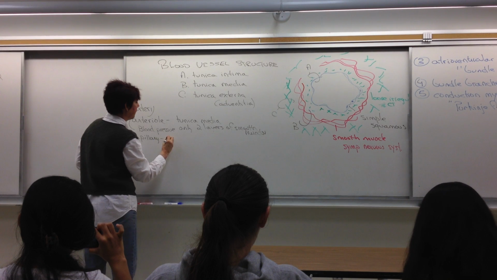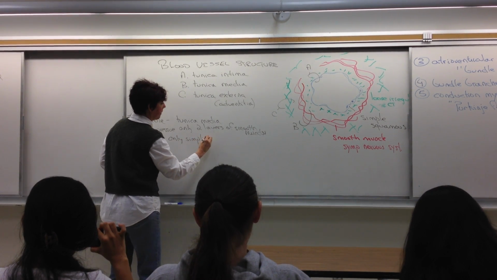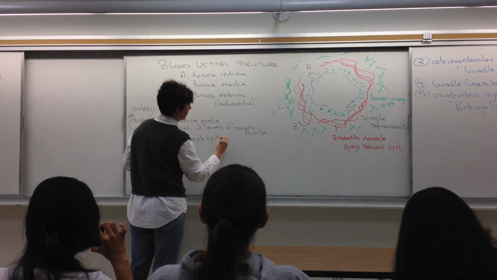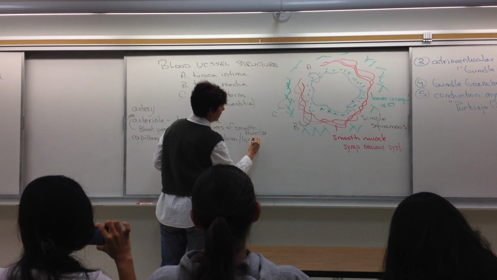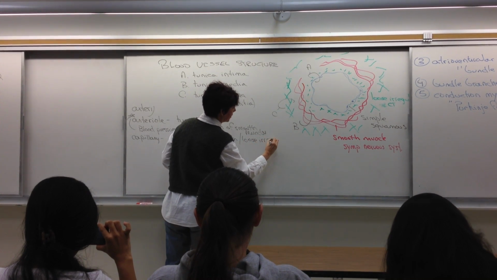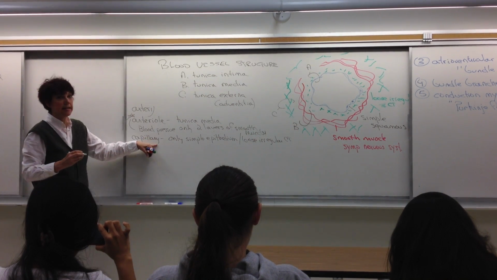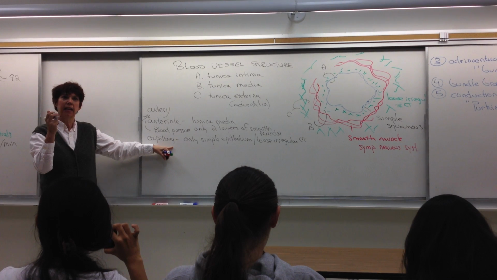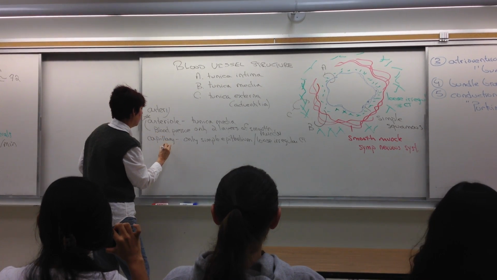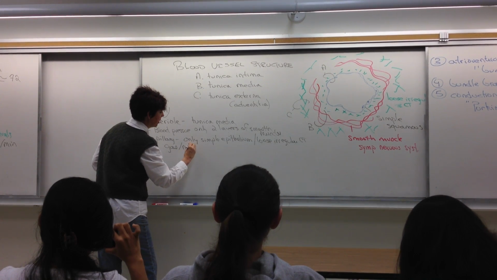So capillaries have only a simple squamous epithelium and the accompanying loose irregular connective tissue. That means they have a very thin wall, and so this is our site for gas and nutrient exchange.